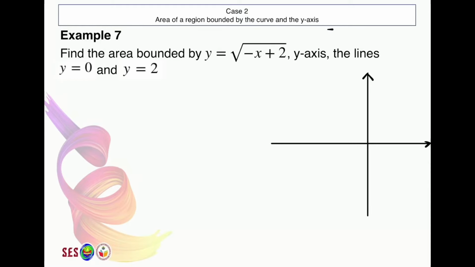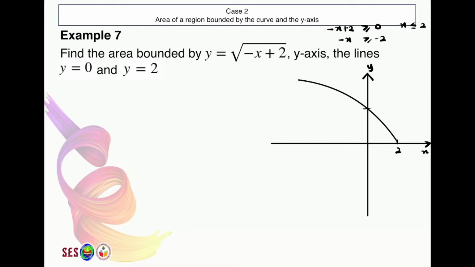So, minus x plus 2 must be greater than or equal to 0, because it has to be positive. So minus x is greater than or equal to negative 2, so x is less than or equal to 2, so this will be 2. Okay. So this will be your square root of minus x plus 2 graph, and then you have a y-intercept here.